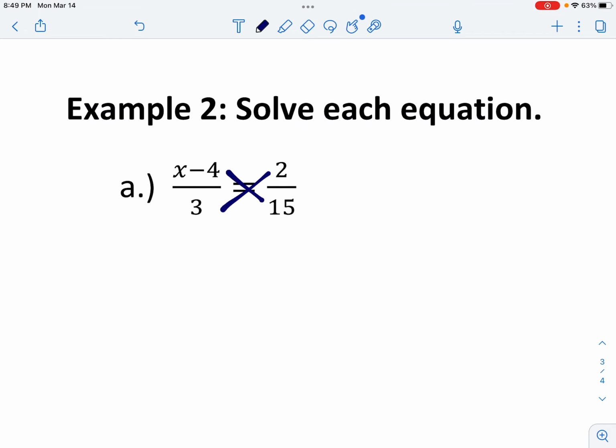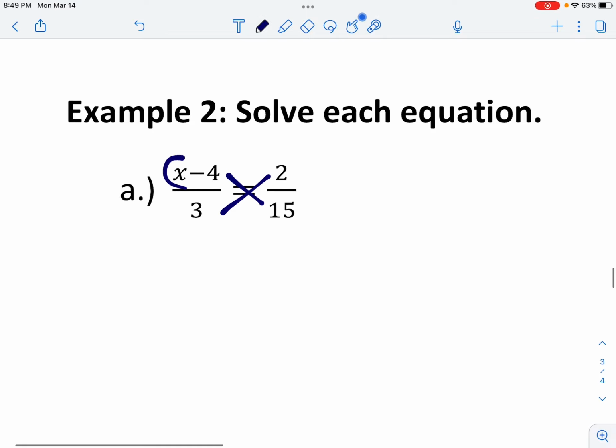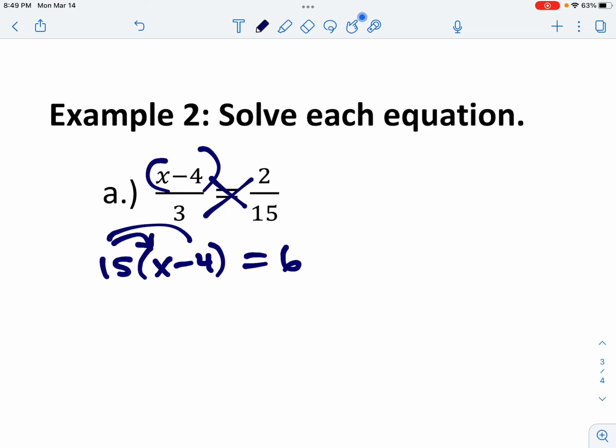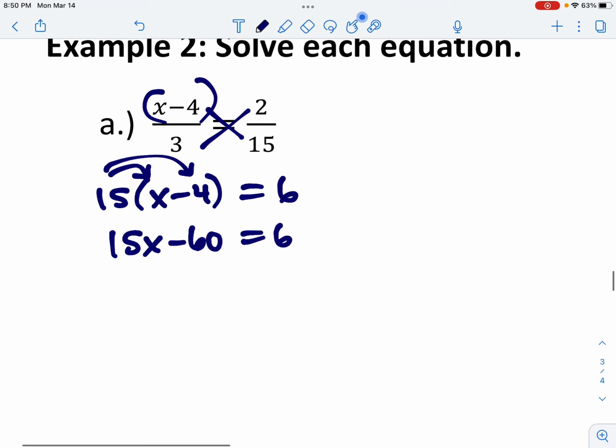So cross multiply. Remember, this is in parentheses, so we need to keep that together and multiply it. We'll take 15 and multiply it by x minus 4, and that's going to equal 6. We're going to distribute the 15 to both numbers inside the parentheses. So I get 15x minus 60 equals 6.